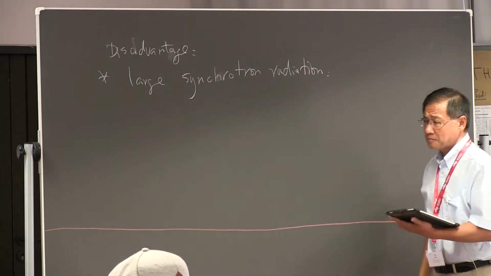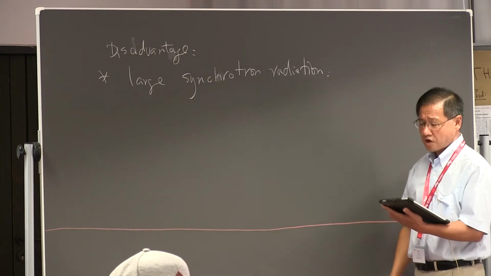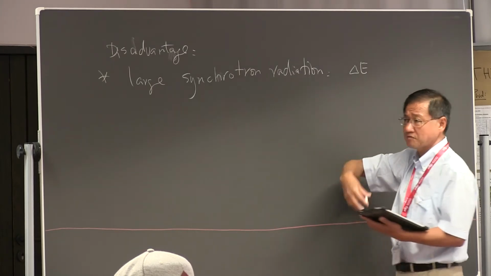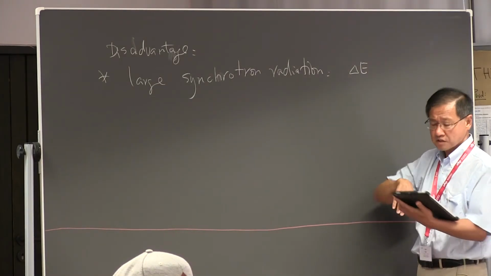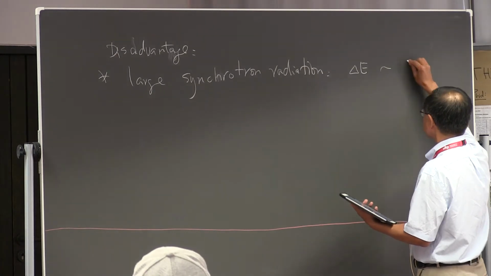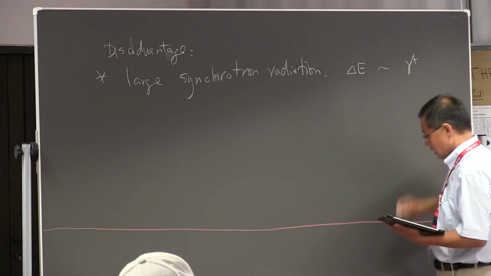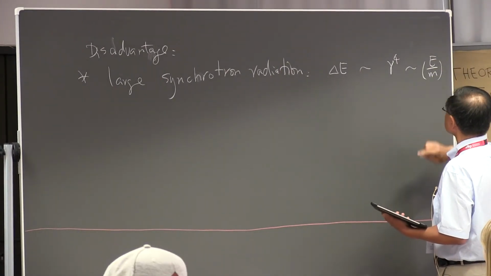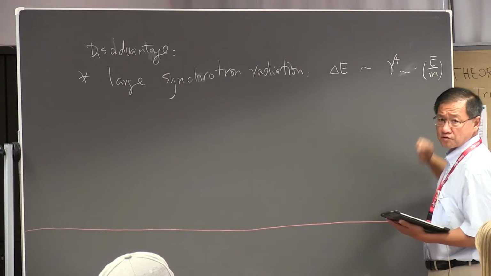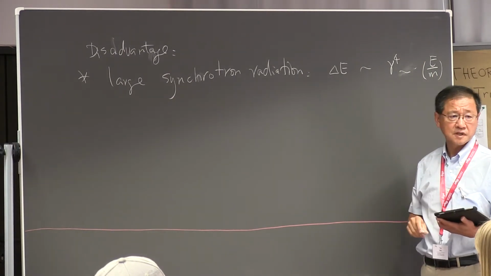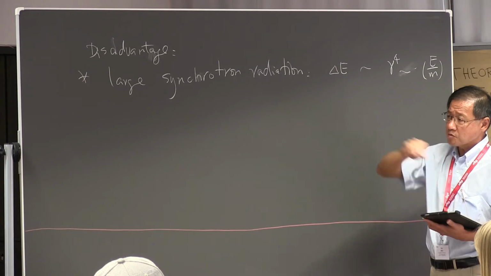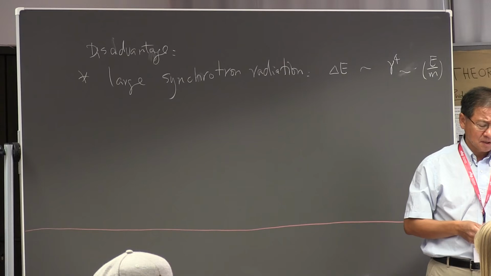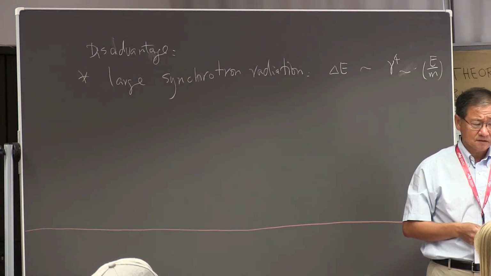From your E and M, you know that if there's acceleration for a charged particle, the acceleration will lead to radiation. If you have the circular machine, that's called synchrotron radiation, and that is proportional to the gamma factor to the fourth power. The gamma factor is really the energy over mass. Beta is the velocity, the speed, and gamma is larger than 1, as in our simple special relativity parameters.